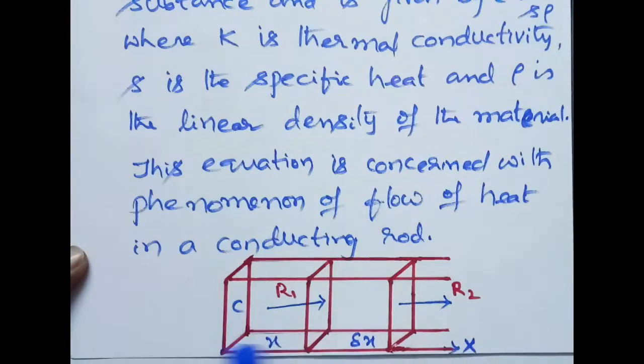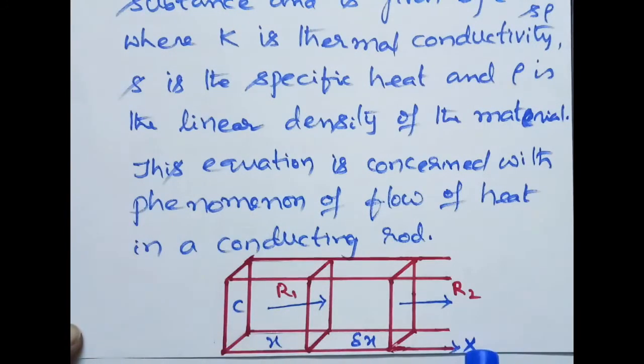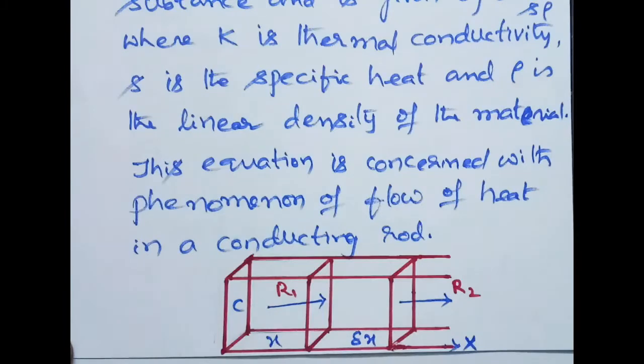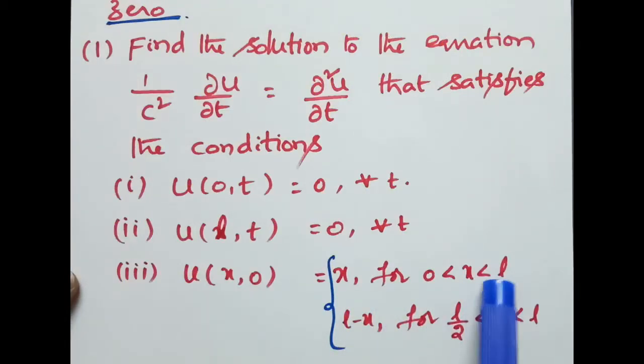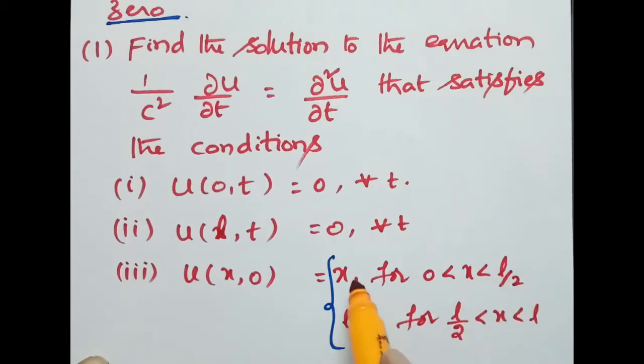Here we have taken the rod along the x-axis, so 0 is one end and the length of this rod is L. One end is taken at origin and another end at L. Therefore at the boundaries 0 and L, the temperature in the rod is 0, and at time t equal to 0, initially the temperature in the rod is given in the two subintervals, 0 to L by 2 and L by 2 to L. In the interval 0 to L by 2, x is given.